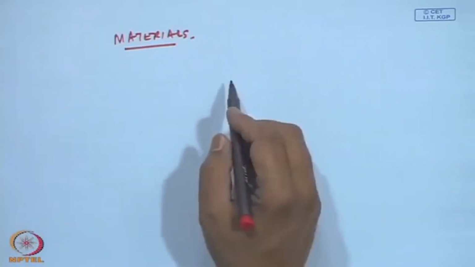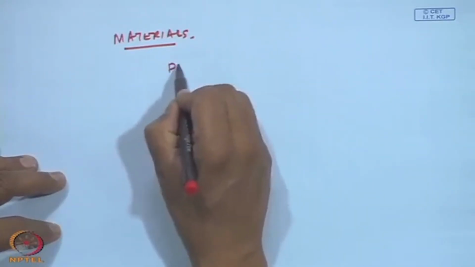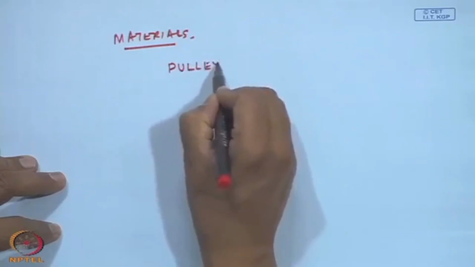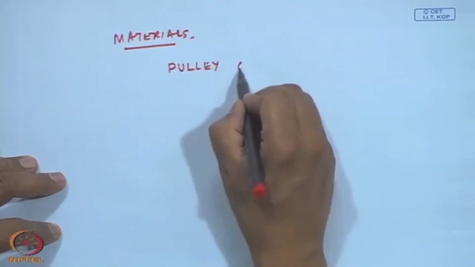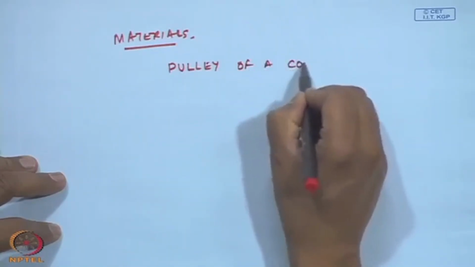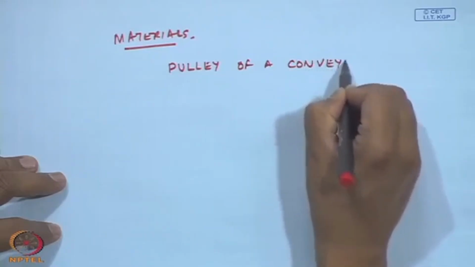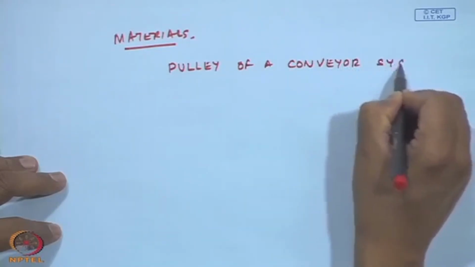So, for example, let me take the case of a pulley. By pulley, I mean a pulley of a conveyor system.